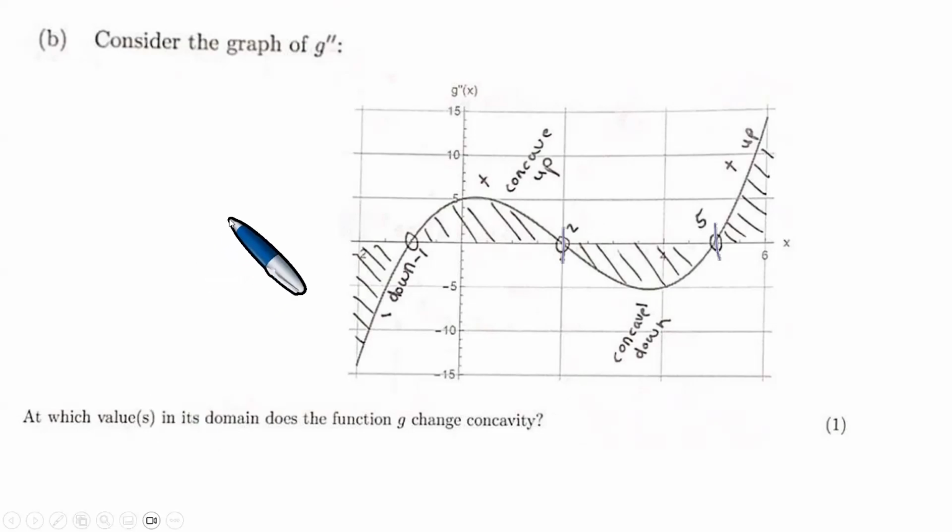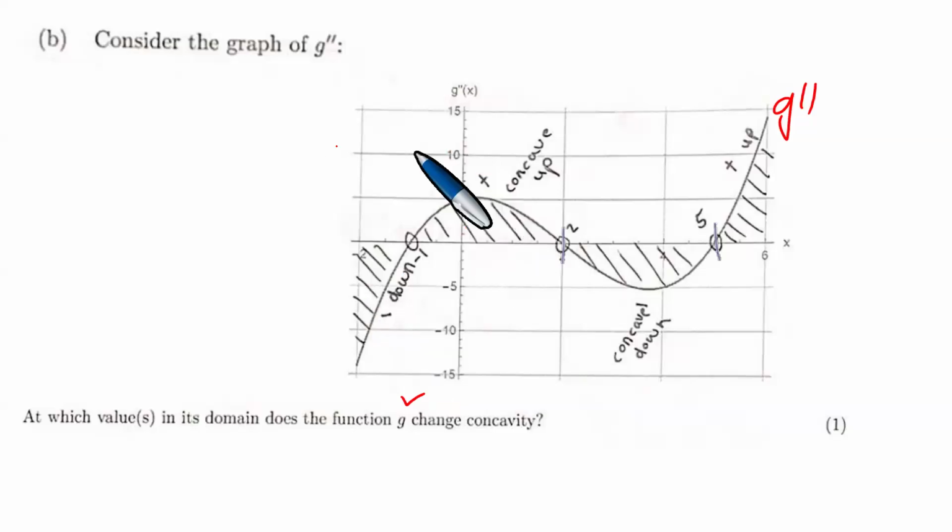Now, I want us to look at this question, which focuses on this being the graph of G double primed. At which values in its domain does the function G change concavity? So we're looking at concavity. Here it's concave down because the second derivative is negative.